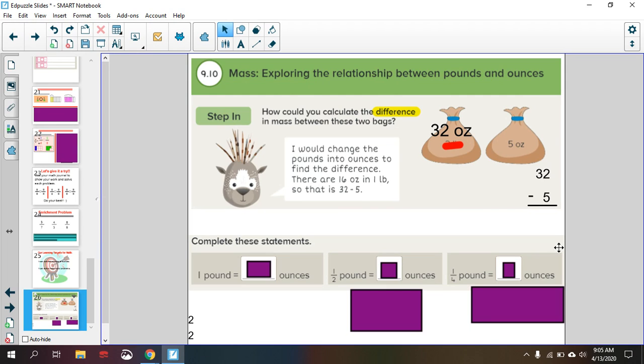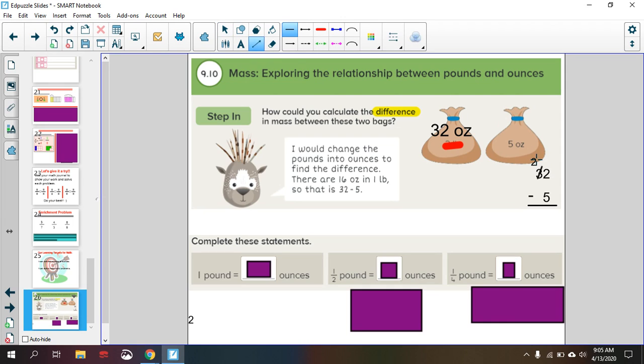And like we talked about, when we're doing this, we'd start in the ones place. We can't do 2 ones take away 5 ones without getting a negative. So we know we have to come over to the tens place and borrow. If I borrow one of those tens, I'm only going to have 2 tens left.